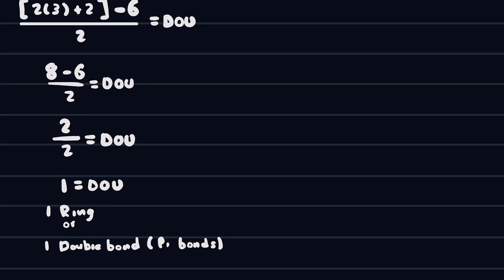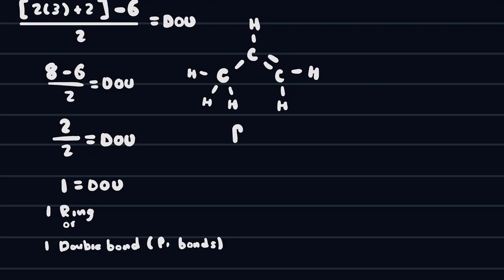So let's draw the structure. If we know it's either 1 ring or 1 double bond, we can draw 2 structures. So we could do carbon, carbon, carbon. I can draw a double bond here, and then just draw in your missing hydrogens. Great, so this would be called propene.